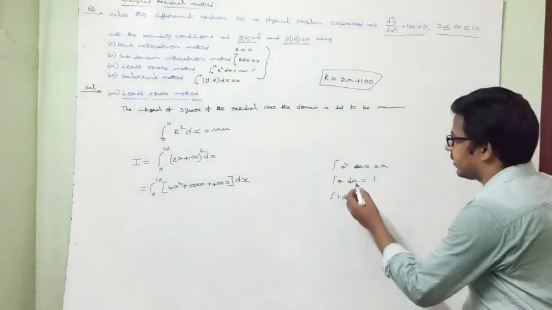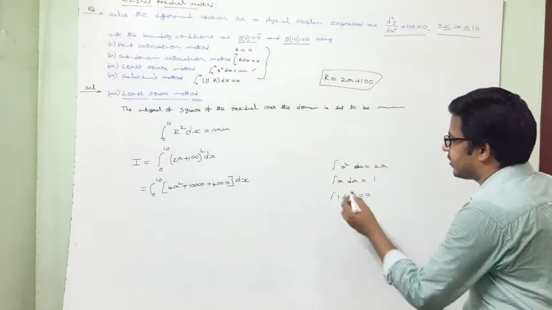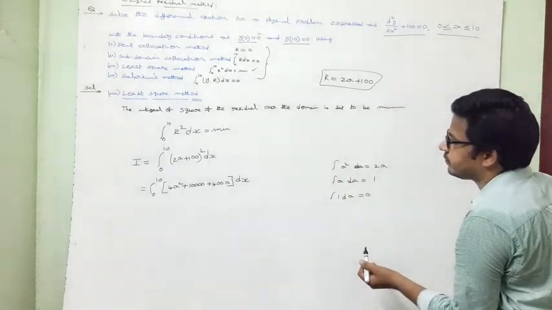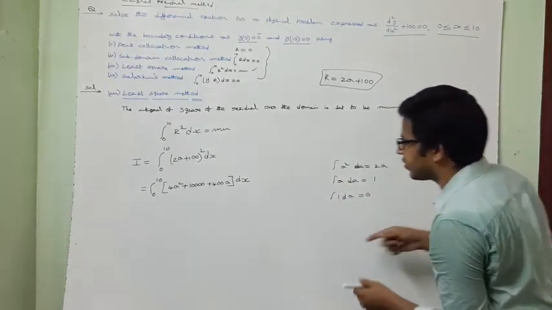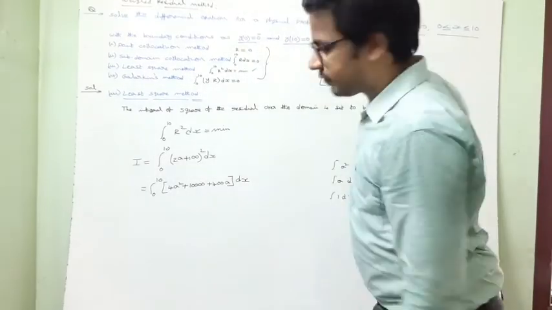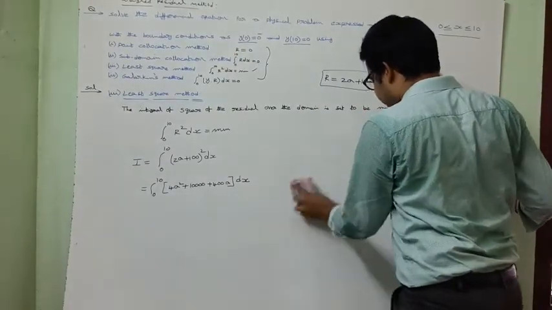In this equation we can substitute these values: 2a, 1 and 0.